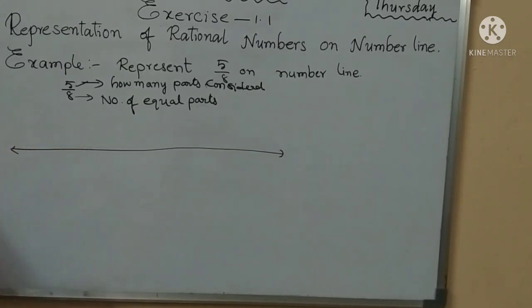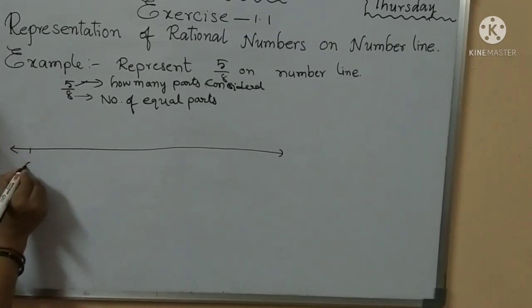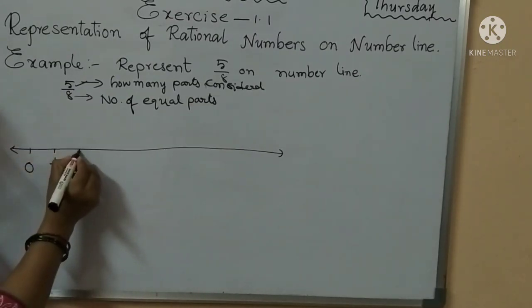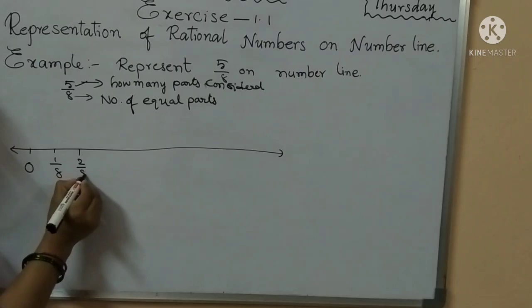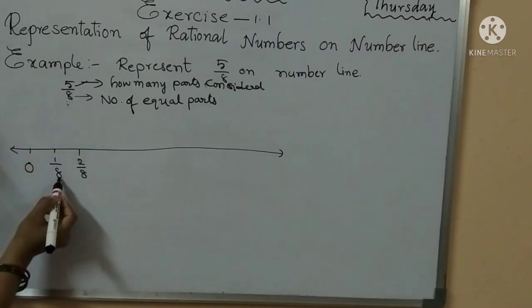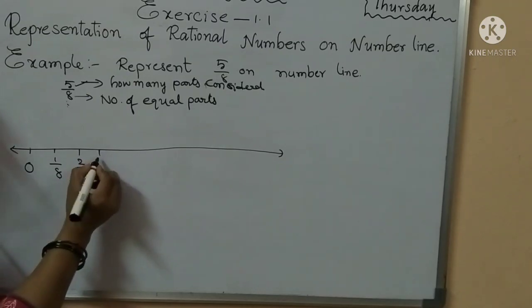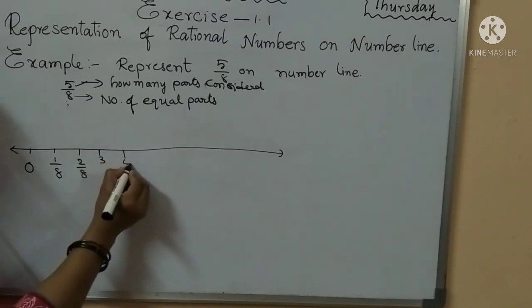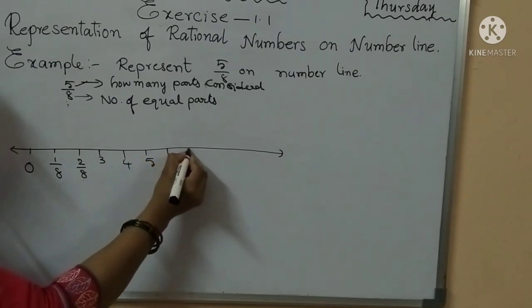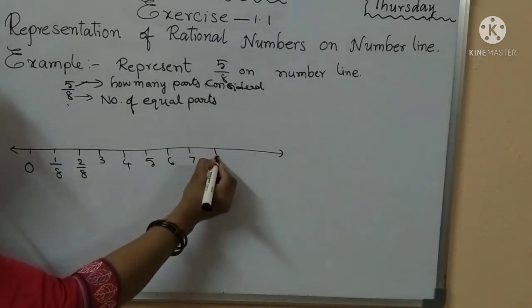Divided by 8. So we take 0 onwards: here 0, here 1 by 8 and next 2 by 8, because we have 8 equal parts: 1, 2, 3, 4, 5, 6, 7, 8.